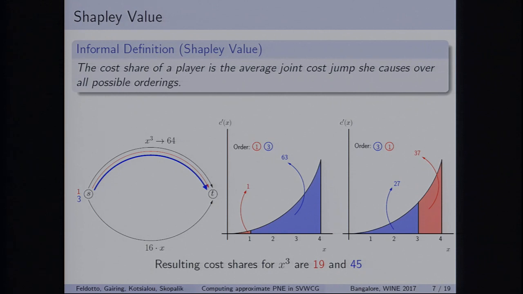In the other case, the blue player enters first, and that causes a joint cost of 27. And as soon as the red player joins in, this gives an additional 37 to the resource. So by taking the average of these numbers for each player, that gives a Shapley value of 19 for the red player and a Shapley value of 45 for the blue player.